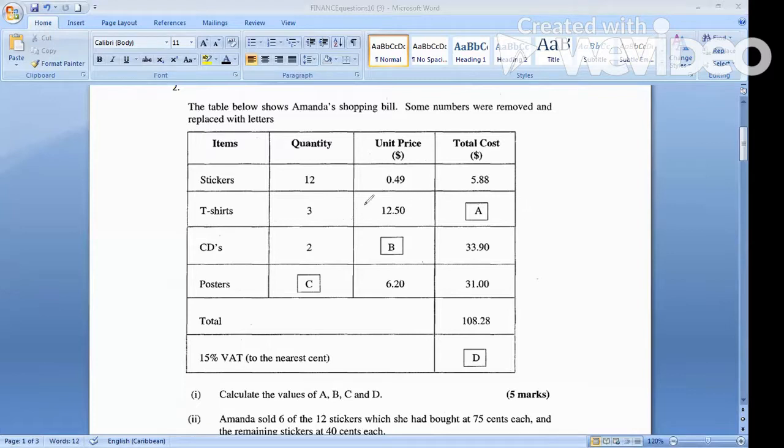Times the 3 by the 12.50. Yes, very good. If you go to a store and look carefully at the shopping list, that's what happens.